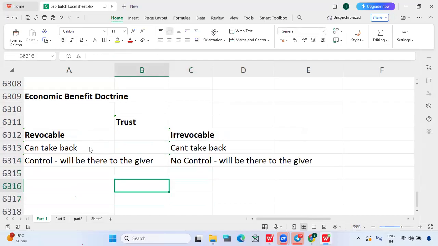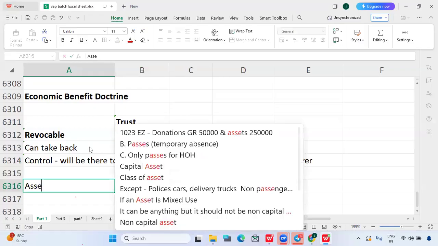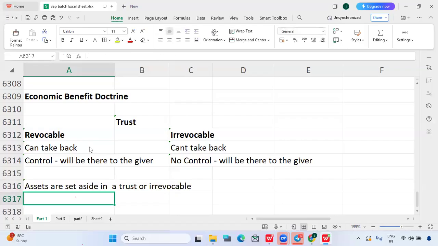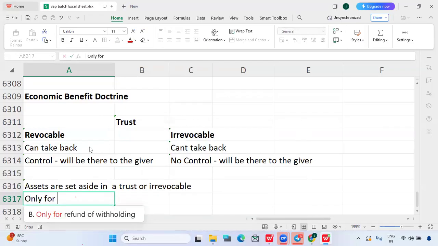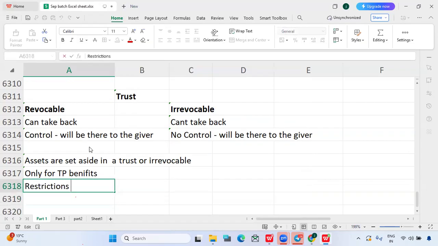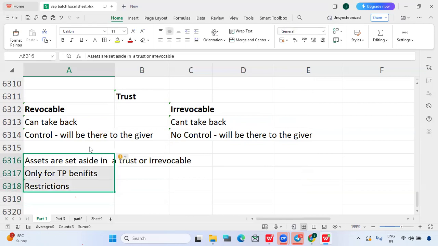Now, when some assets are set aside in a trust, or any funds, which is irrevocable, and also used only for taxpayer benefits, and in this case you have restrictions, we call this the economic benefit doctrine.